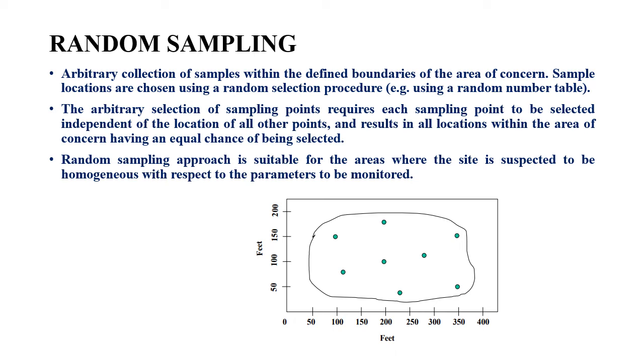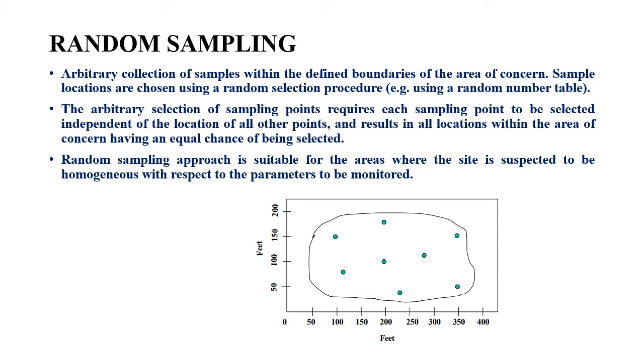So it is just a random way of selecting your sampling locations or sampling points from where you're going to collect your samples. These types of sampling methods are suitable for areas where you suspect that the subsoil profile is mostly homogeneous with respect to the parameters to be monitored. That is already based on the historical data and the review of the existing data about the land.